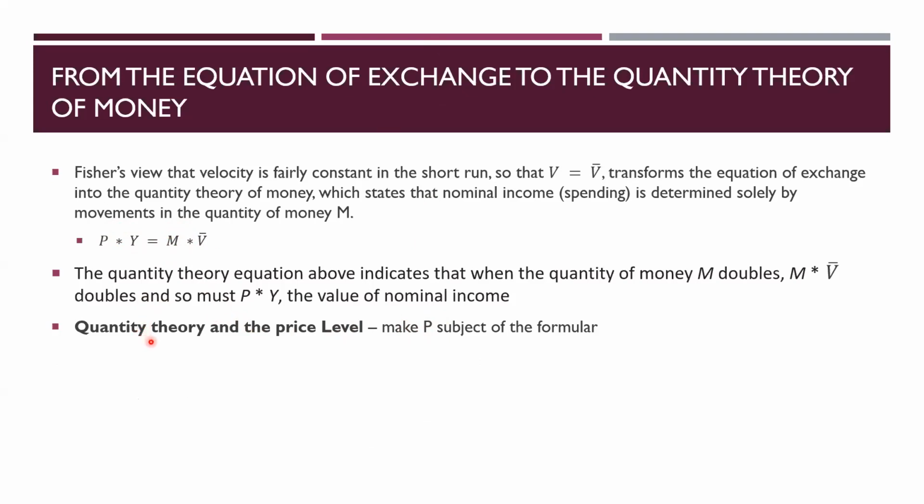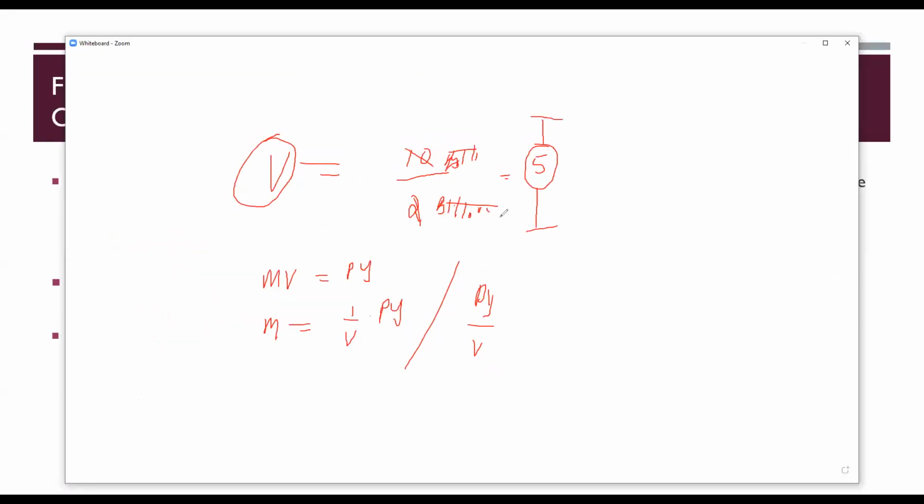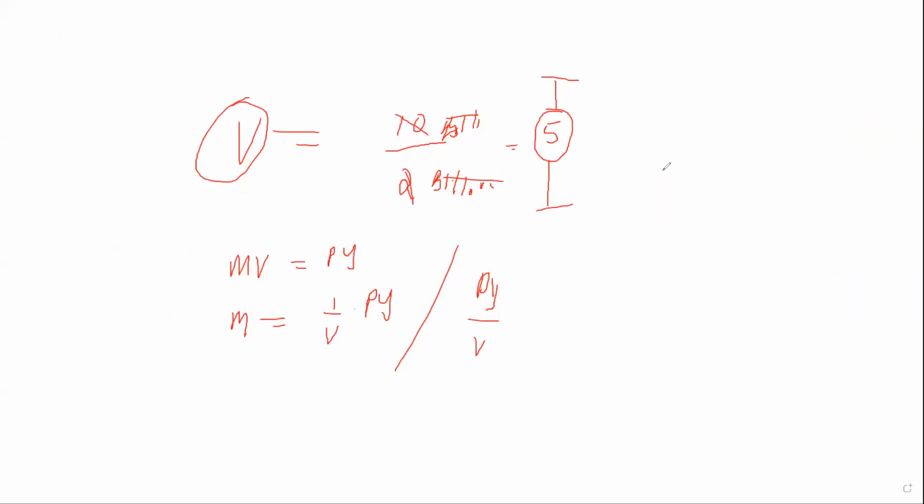When we now want to determine P, you simply make it the subject of the formula, which implies that if we have PY being equal to MV, what would be our P? P would be equal to MV over Y. Correct me if I'm wrong. This would be our price level.